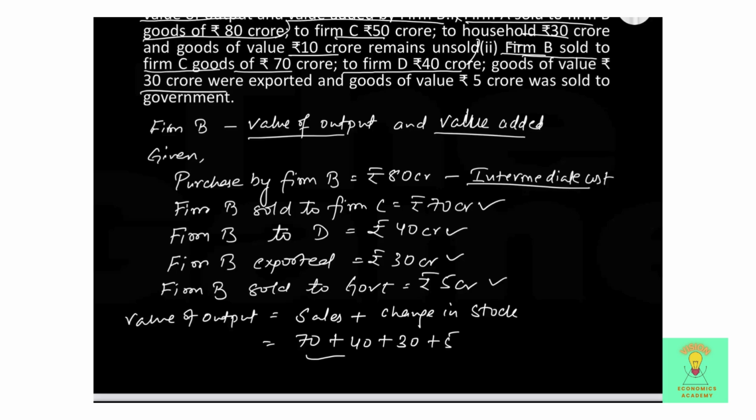These all come under the sales by firm B. Now, there is no change in stock. Change in stock is not given in the question, right?